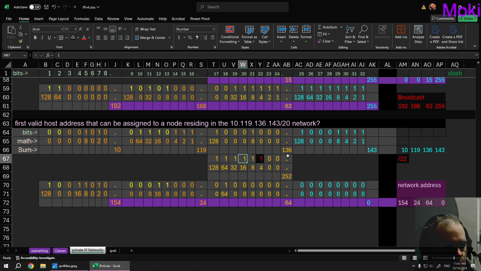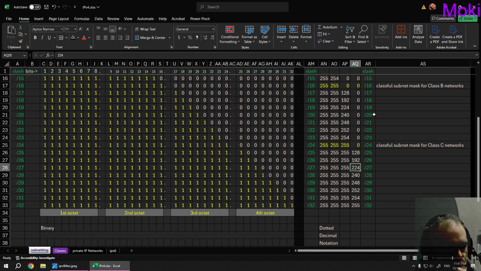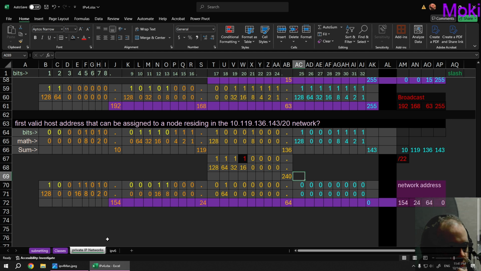That means right here is the last one. The rest are going to be zeros. Just going to copy that. So /20 is a 240. If I go to subnetting, /20 is 240. I don't know what I should call this. Bitwise.